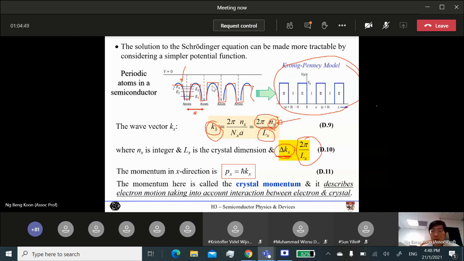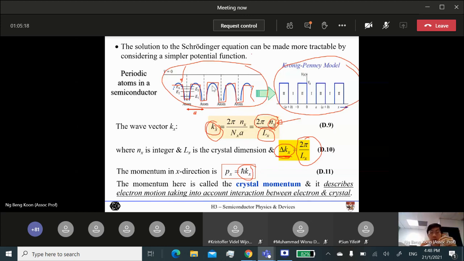All right. And similar to the case of a single atom, the momentum is defined as h bar kx. And this momentum here, specifically for an electron in a crystal, we call the crystal momentum. Okay, because in this case, this solution is derived taking into account the influence from the different atoms in the crystal. So it's not like free space anymore, like the previous discussion.